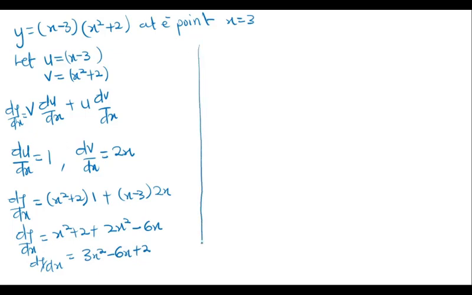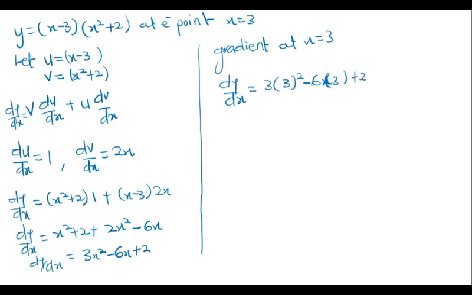Now it means the gradient at the point x is equal to 3 will be given to us by substituting the value of x into what we have over here. So we have dy/dx is equal to 3 into bracket 3 squared, minus 6 times 3, plus 2. So we just simplify.